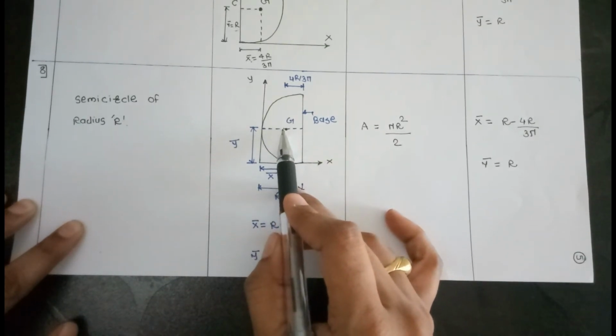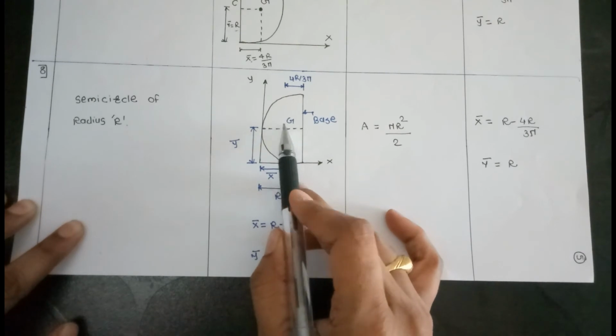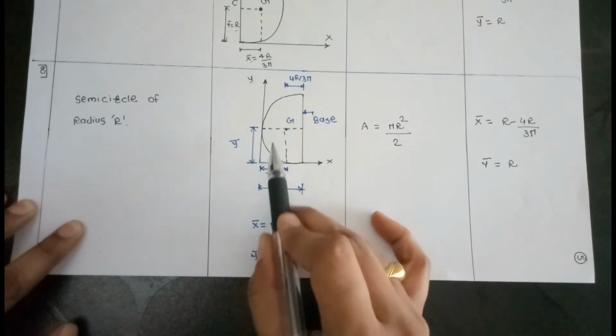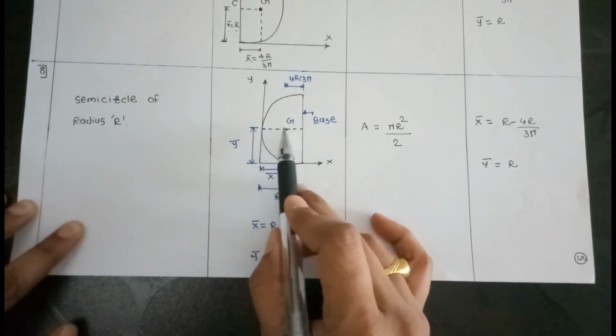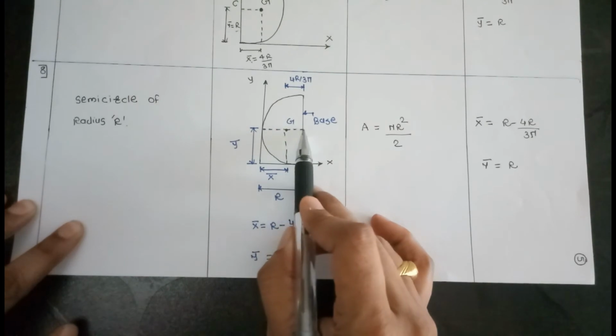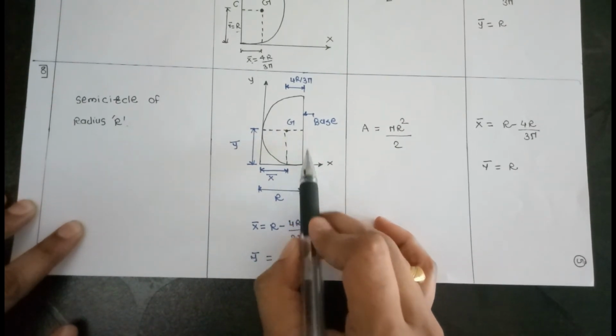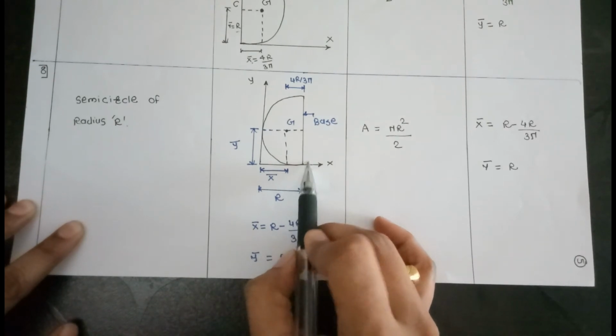So how to calculate the distance between G and the y axis? How to calculate x bar? This distance is 4r by 3 pi. This distance is r, means y bar is equal to r.